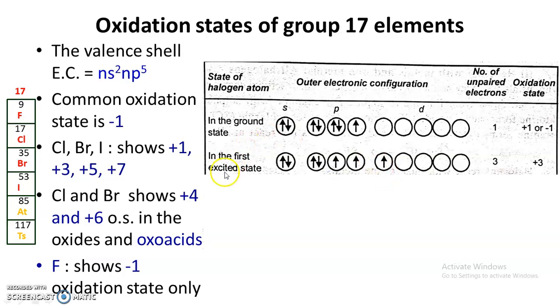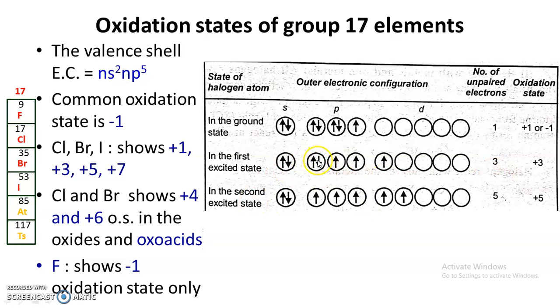For other halogens like chlorine, bromine and iodine, there is a possibility of excitation of an electron from the p orbital to the d orbital. When one electron from the p orbital is excited to the d orbital, there will be 3 unpaired electrons, so the covalency will be 3.